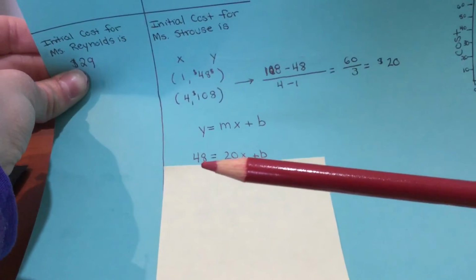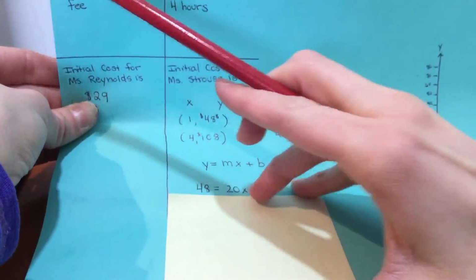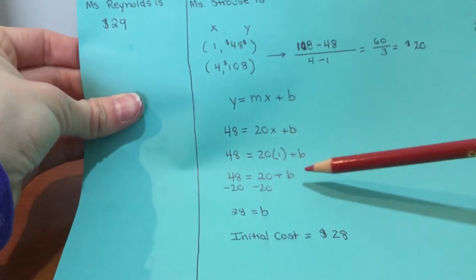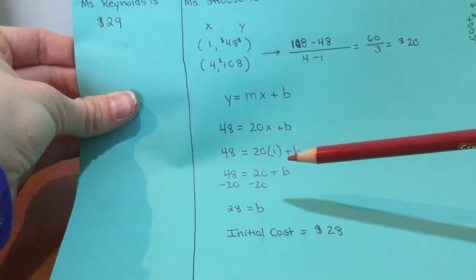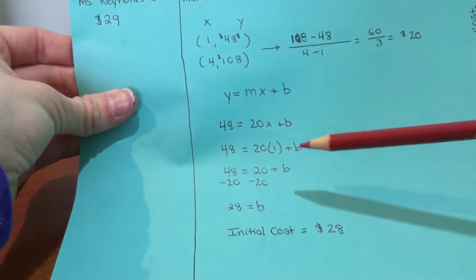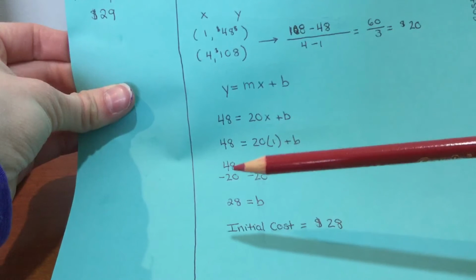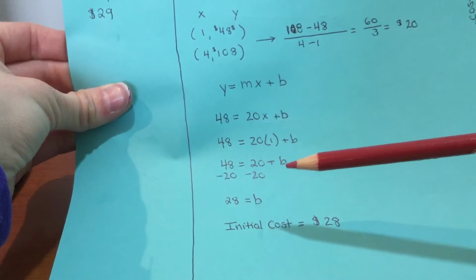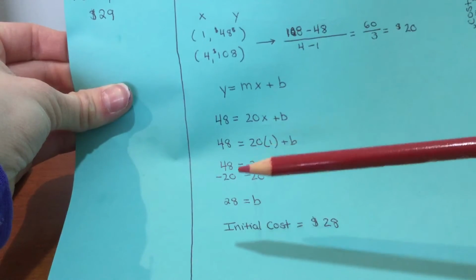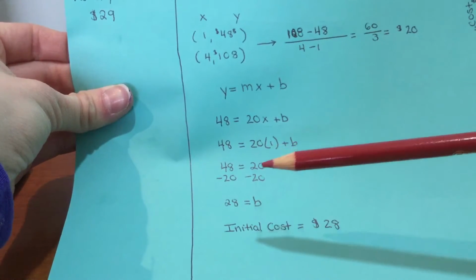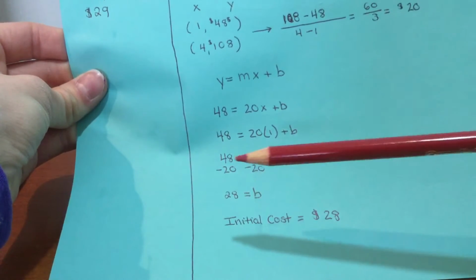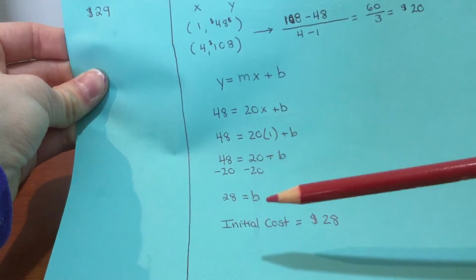First I'm going to put 48 in for y, and then I'm going to put in 1 for my x. That allows me to have one variable to solve for. So we end up with 48 = 20 + b. Again, 20 is positive, so we do the inverse operation. So I subtract 20, I subtract 20, and I get 28 = b.